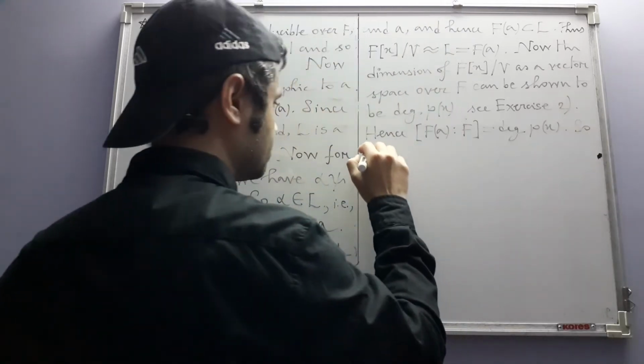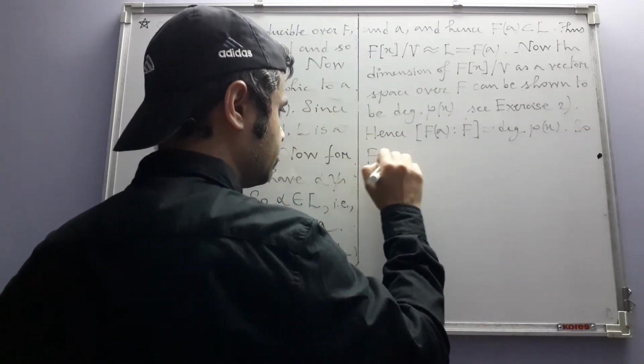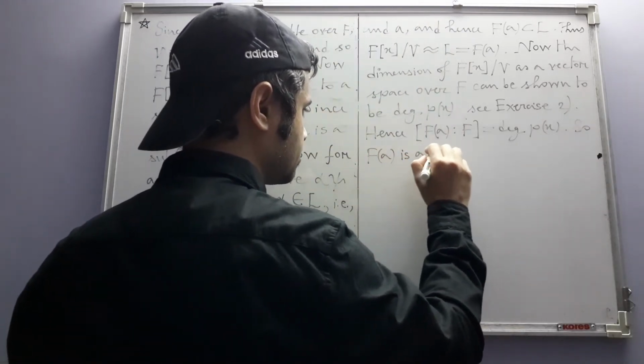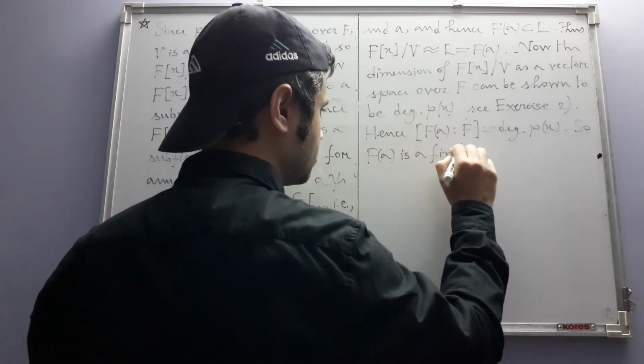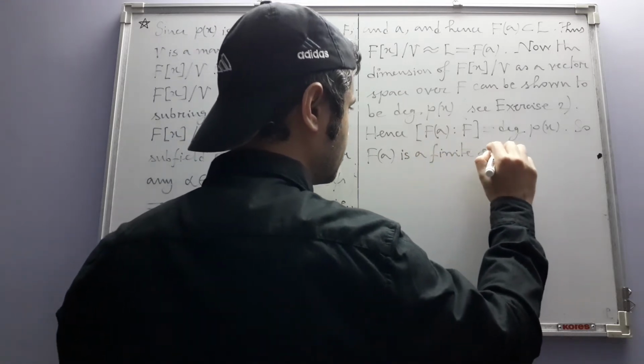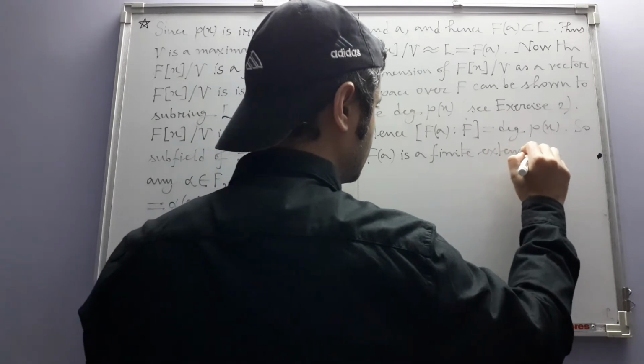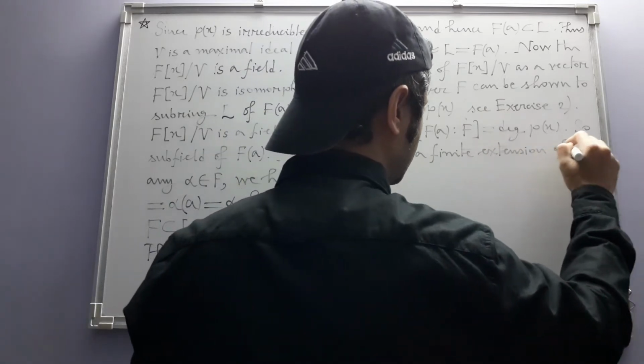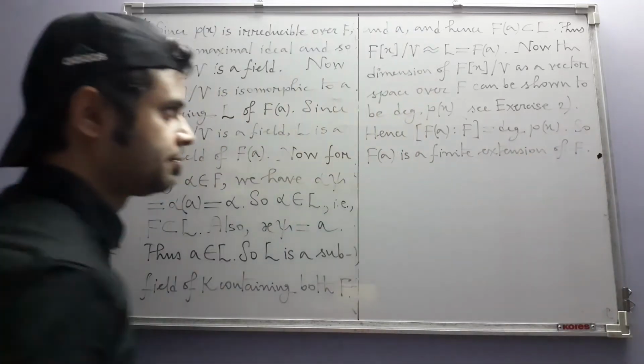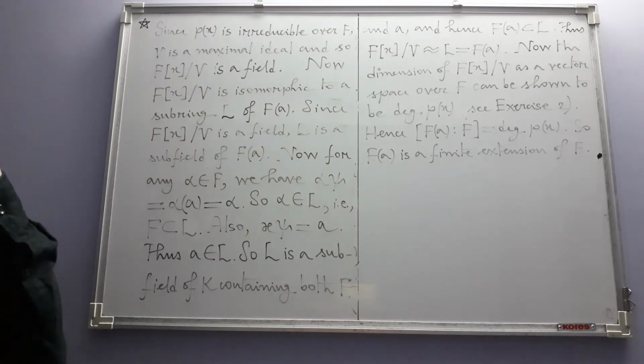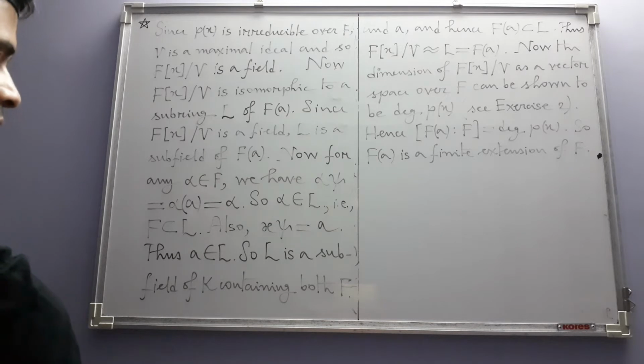So, Fa is a finite extension of F. Okay, so this is the only if part or the converse part.